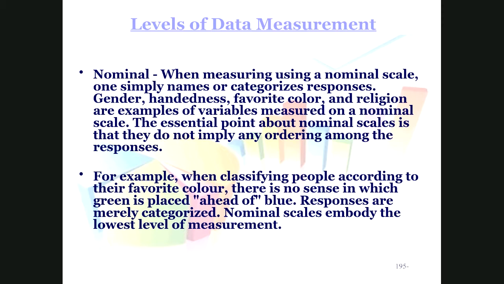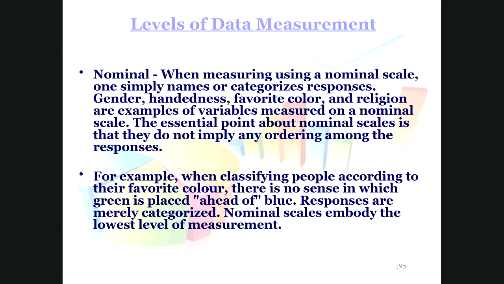Why it's nominal is you're just labeling it. Somebody has brown eyes, somebody has blue. One is not better than the other. One is not higher than the other. Okay, they're just labels. So when you have nominal data, or what's referred to as frequency data, you're just counting.